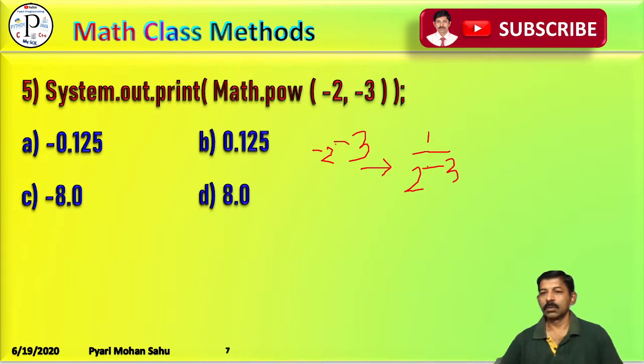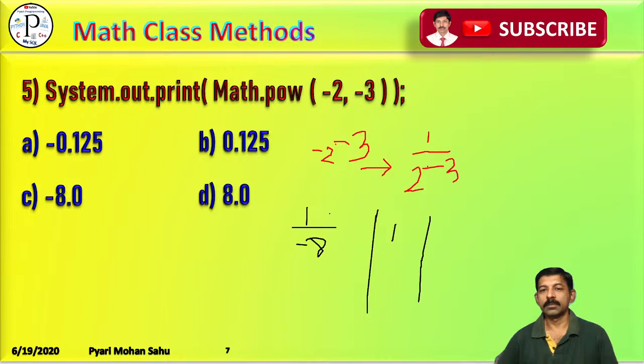So 1 by 2 to the power minus 3. That is 1 by minus 8. That is 1 is divided by minus 8.